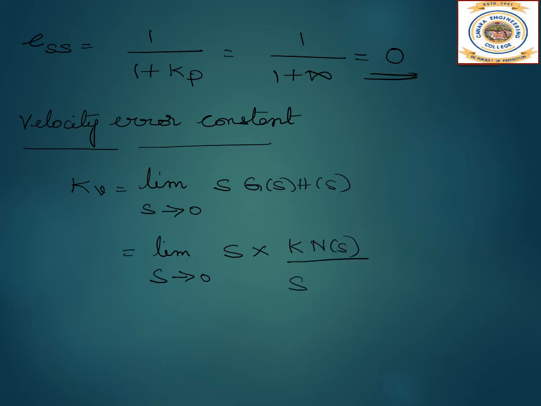So we have S in the denominator, and S and S get cancelled. So when I apply limits, I'll get some finite error constant, K dash, let me consider it as.